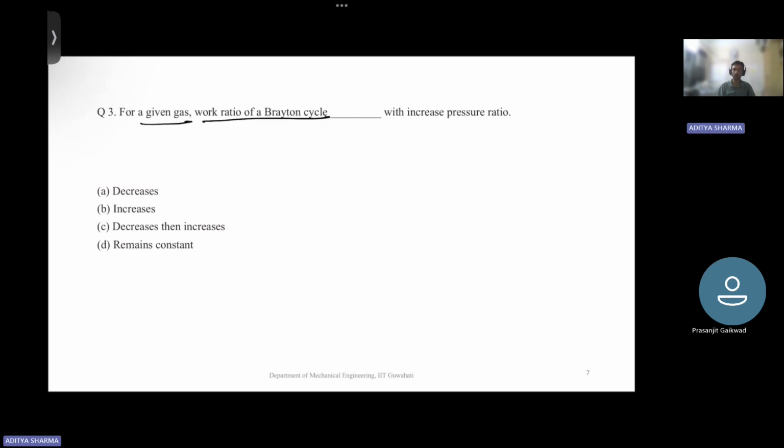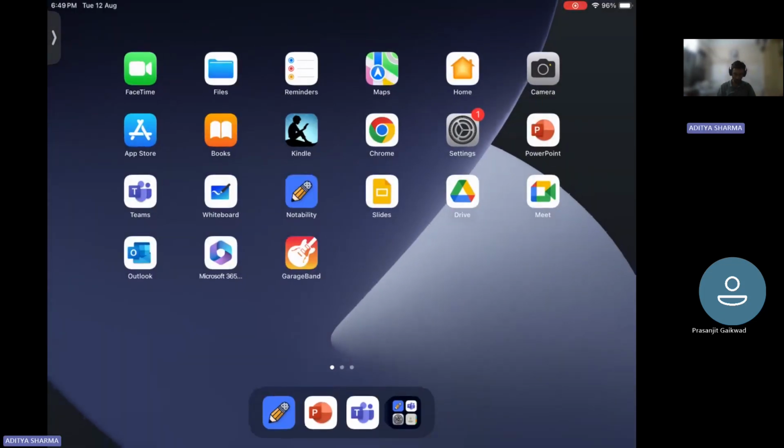When the question says for a given gas, gamma is specified, right? The work ratio of a Brayton cycle dash with the pressure ratio. What happens to your work ratio? The options say that it will decrease, it will increase, it will first decrease and then increase, or it will remain constant. Now you see this.